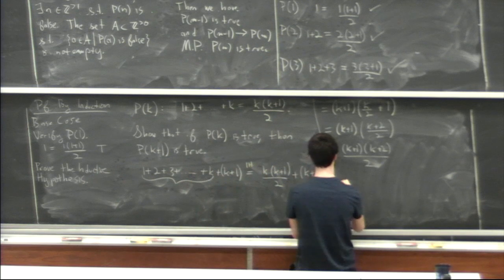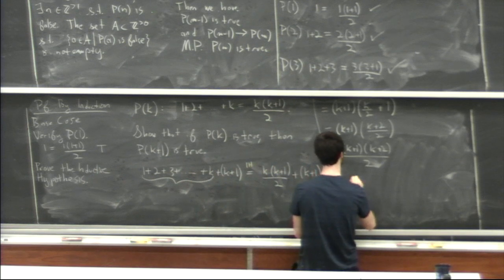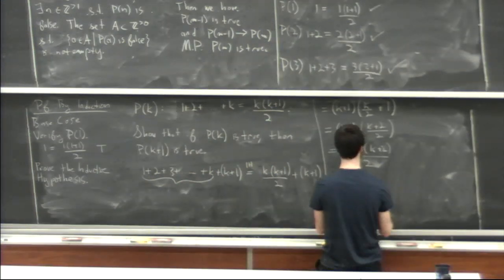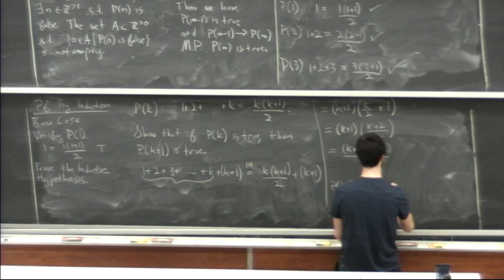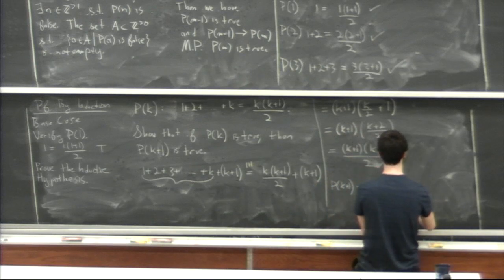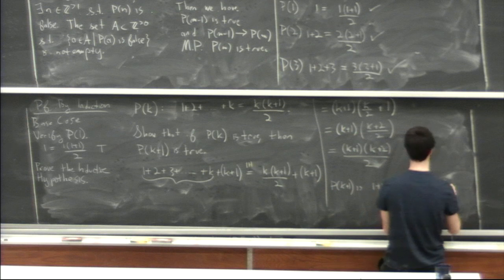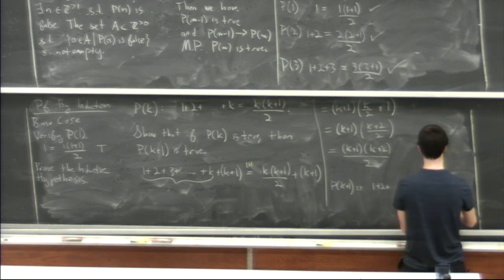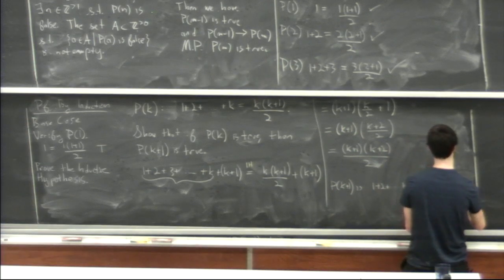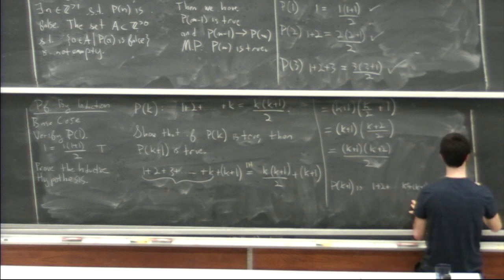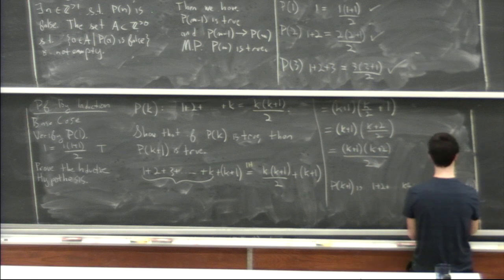P of k plus 1 is that the sum 1 plus 2 plus all the way up to k plus 1 is equal to k plus 1 times k plus 2 divided by 2.